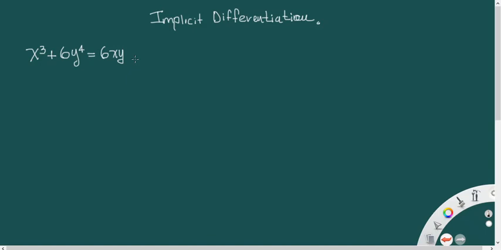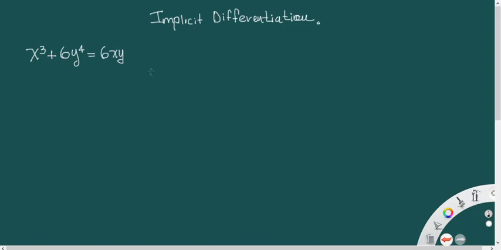Okay, let's keep moving with this topic and let's work another example of implicit differentiation. This is our expression, this is our function, and the idea is to calculate the derivative of this function.